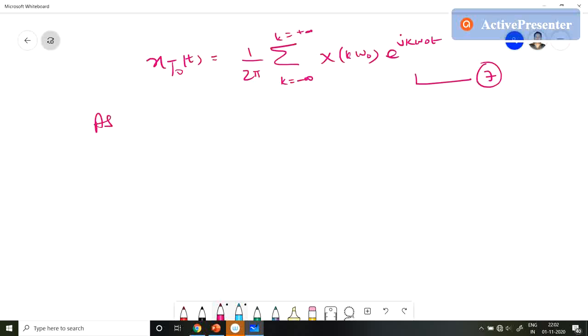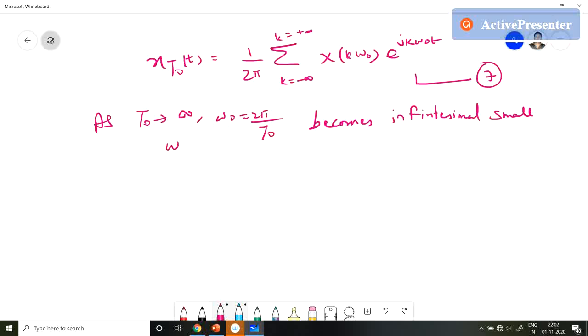Now as T naught tends to infinity, omega naught is equal to 2 pi divided by T naught, and it becomes infinitesimally small. It is a very small quantity, so omega naught tends to 0 when T naught tends to infinity. Thus let omega naught be equal to delta omega, because it is very small.